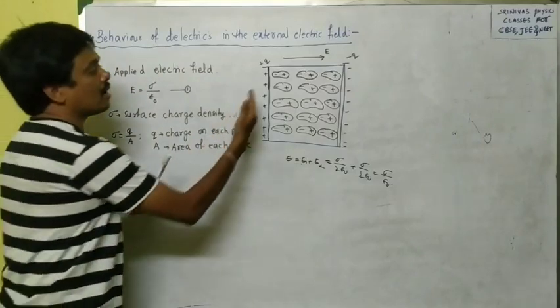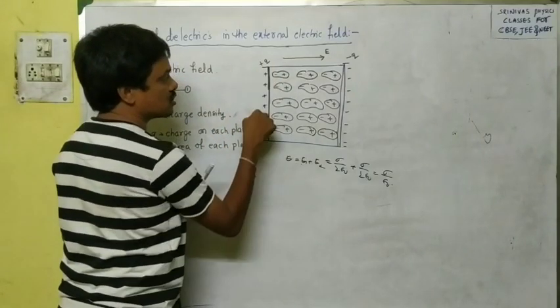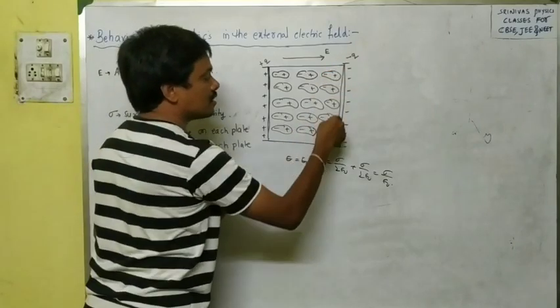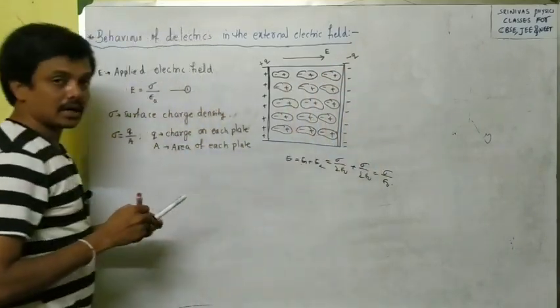Why? All the negatives are attracted towards the positive plate and all the positives towards the negative plate.